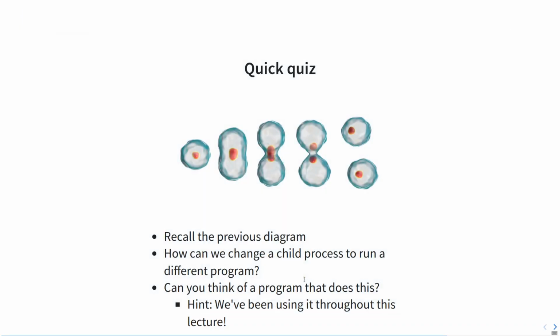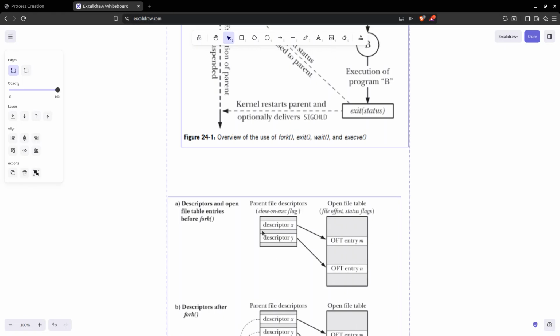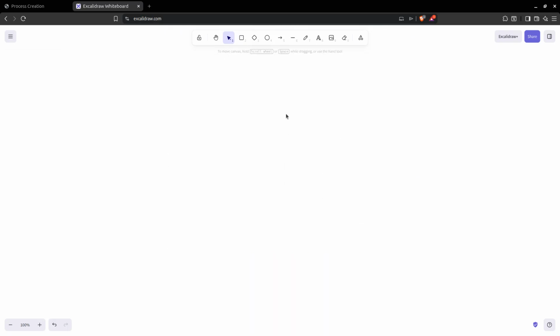Does the parent you fork from ever go away? No. With the way you'll be implementing your shells, and the way I think the bash shell does it itself, the parent is sort of like, if I can draw this, it might help.